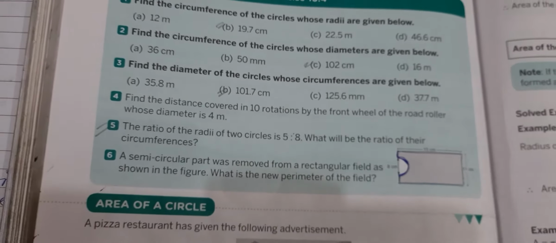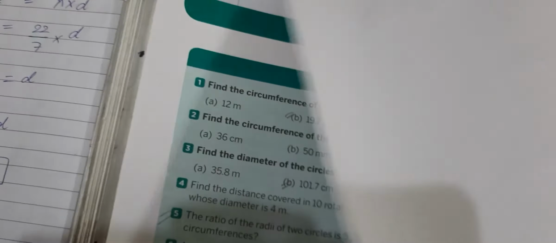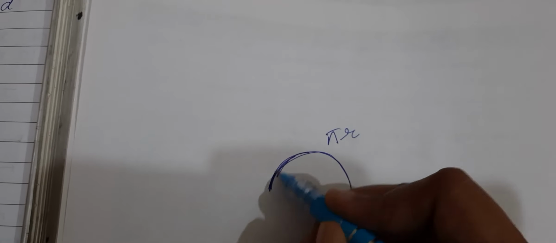Before starting with this, I want to explain one thing. When we talk about the circumference of the circle, this is the value of pi r. This is a semicircle. The value of the boundary of the semicircle is pi r. If I complete it, this is again pi r.